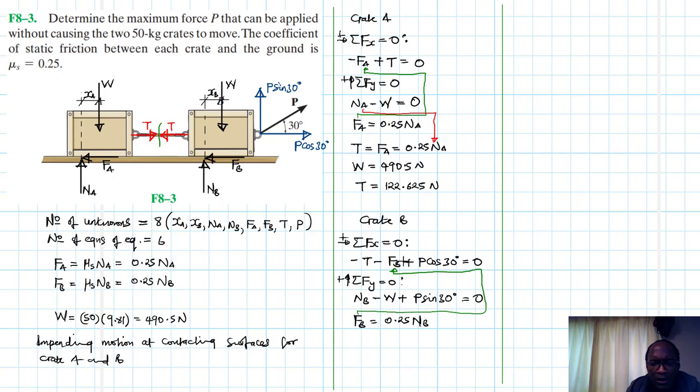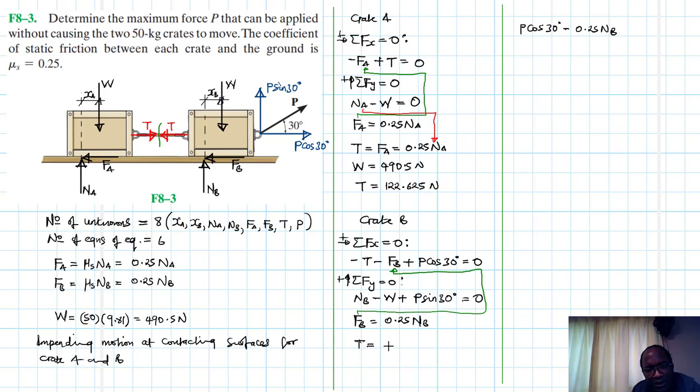This is minus T and this is FB. So we'll say our P cos 30 minus FB, and our FB will be 0.25 NB.